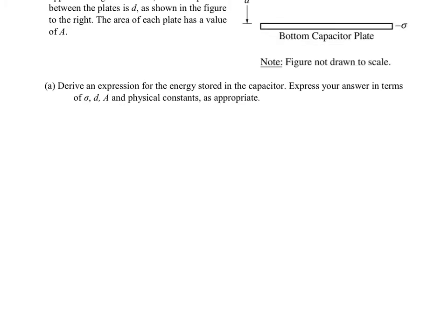So maybe you don't remember what the energy stored on a capacitor is, but luckily the equation sheet does tell us that the energy stored on a capacitor is 1/2 the charge on the capacitor times the voltage difference across it, which is not all that useful.